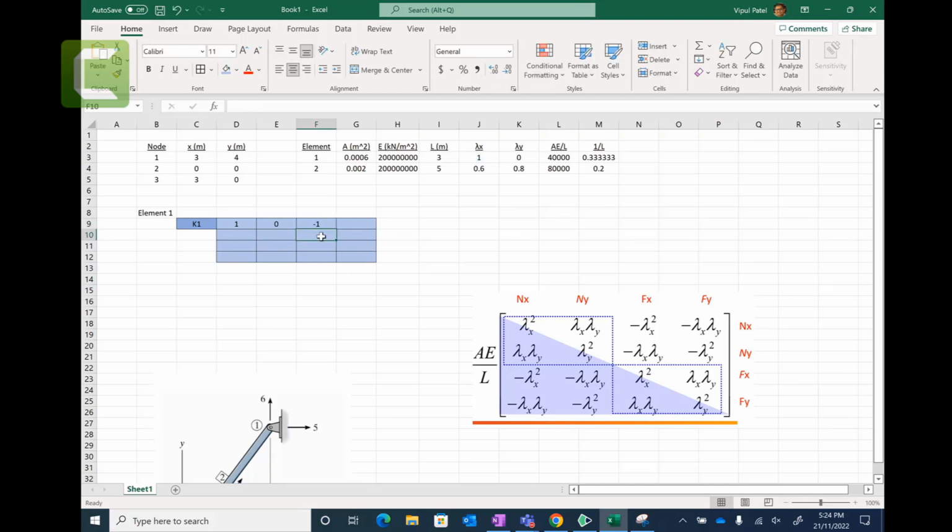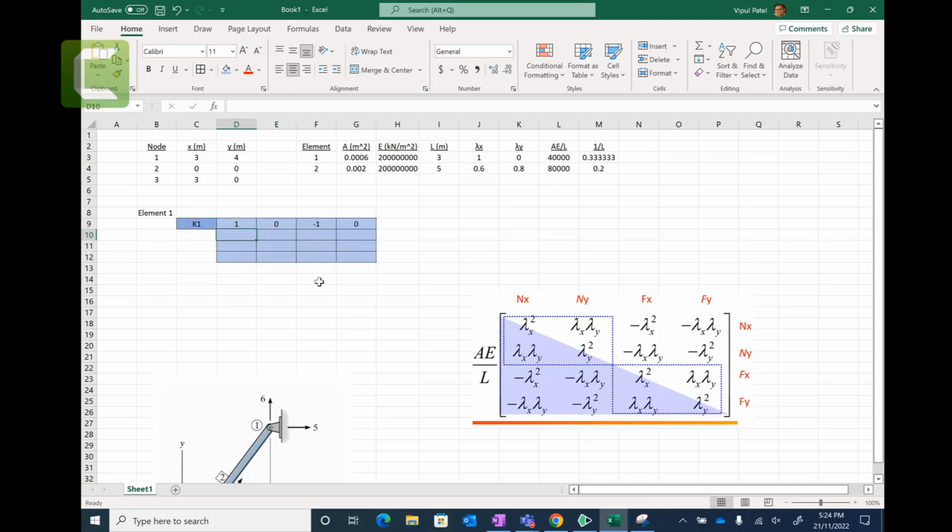Then it will give you the correct answer, minus 1, because this minus is separate. You need to square it. So therefore you need to make sure that you have this equal to minus lambda x times lambda y. Very good. OK, so this is all done so far.